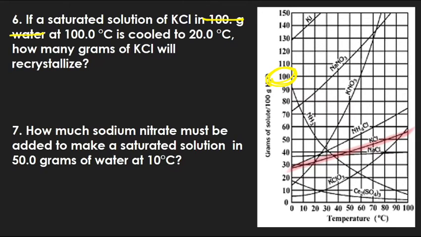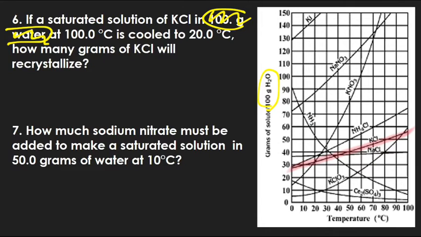I see students do this all the time, especially if I see like 100 grams sitting right here at the end of a sentence, and I just go into autopilot. These graphs are so easy to read. I'm looking at 100 grams, and all of these temperature numbers, and doing stuff with it. But once I see 100 grams of water, all that tells me is that I can read numbers straight off of my graph without having to multiply or divide by 2 like what we did last time. So I tend to scratch that out so that I don't get confused and accidentally try and use that number.